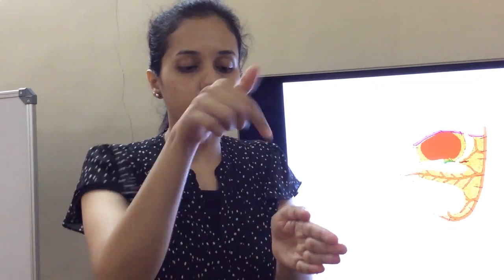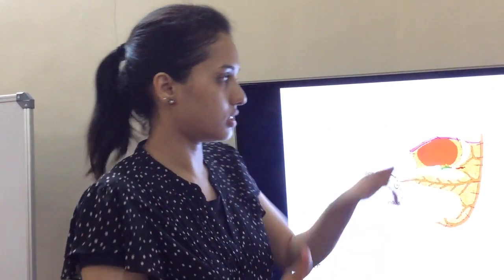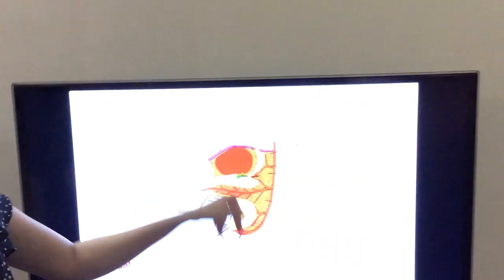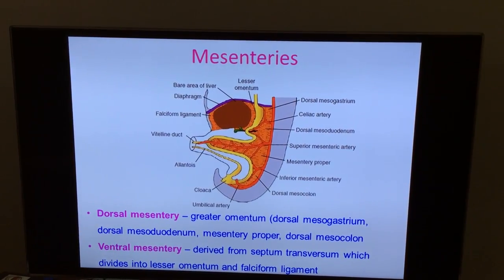In between the parietal and the visceral layer is the peritoneal cavity. Embryologically, this peritoneum is called the dorsal and the ventral mesentery.